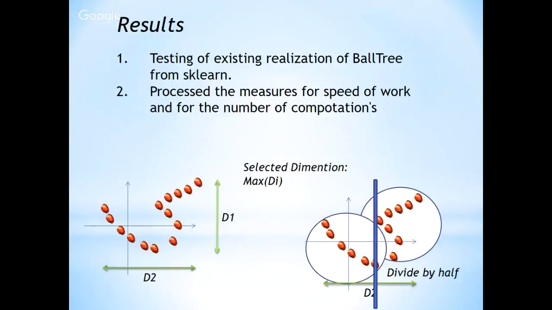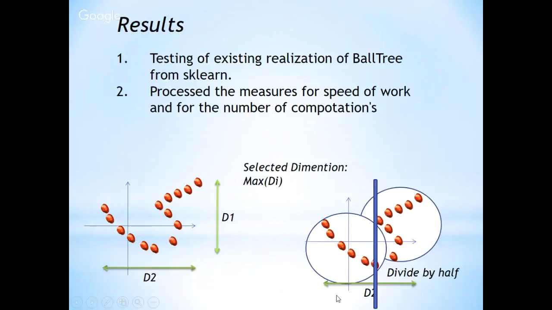It's just a dichotomy divide. I choose the dimension in which we have the biggest difference between the lowest and the biggest value of the parameter, like in this picture. We have the differences d2 and d1. So d2 is bigger.